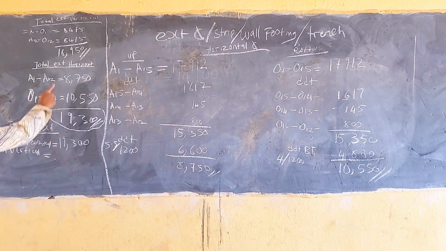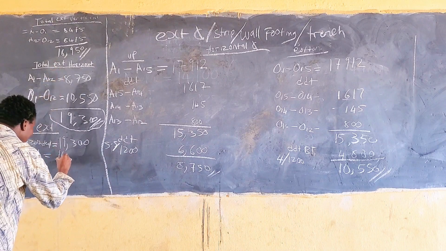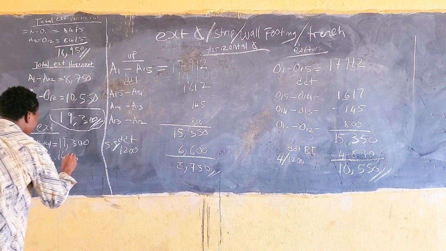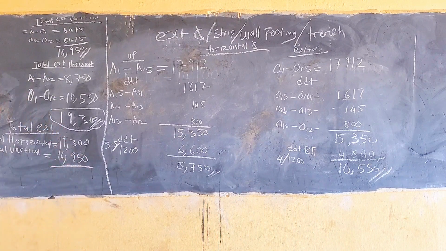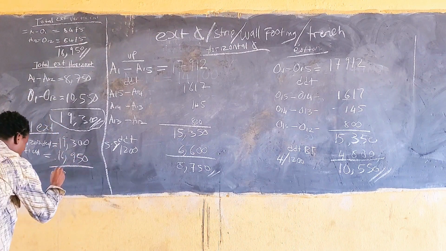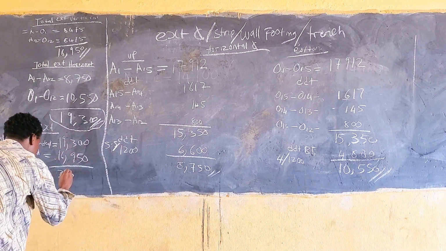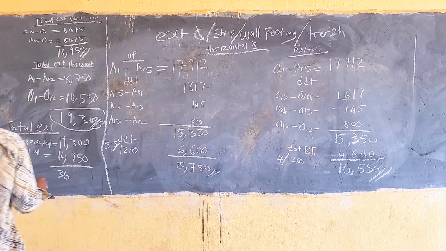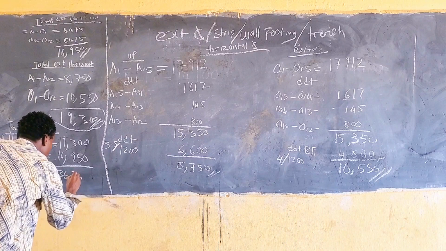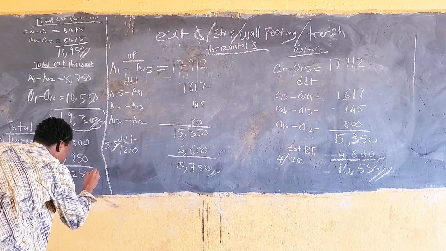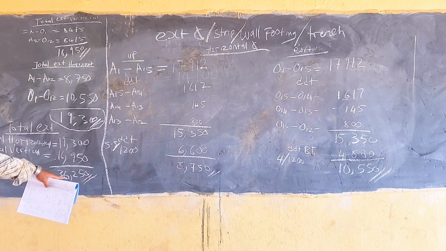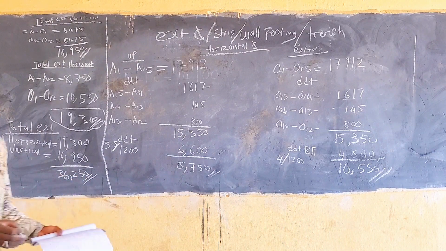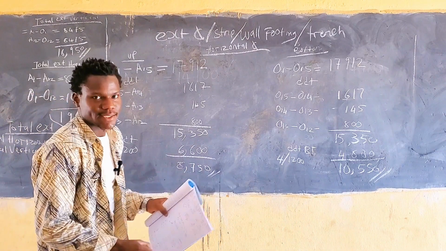We got 19,950. So we sum it up and we'll get 36,250. So our total external gap is what? 36,250.